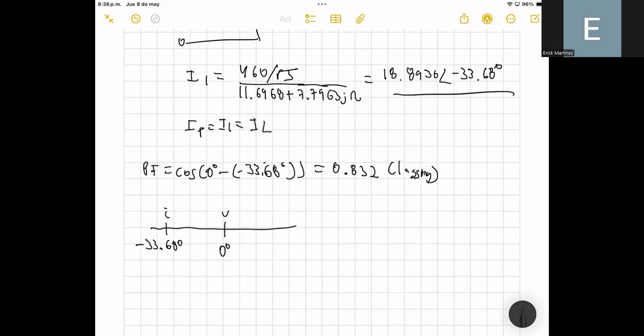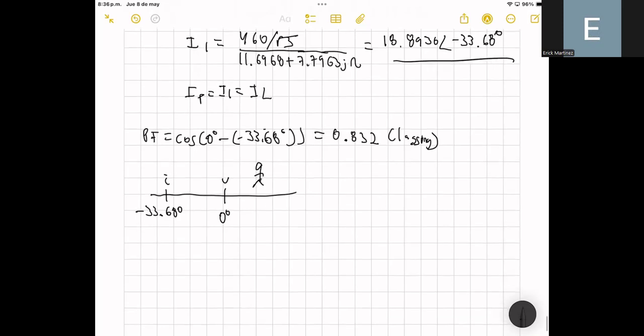And if we analyze this diagram, from this point of view, you can see that the voltage is leading the current. So since the voltage is leading the current, we can conclude that the power factor is lagging, okay? Because the current is lagging the voltage.